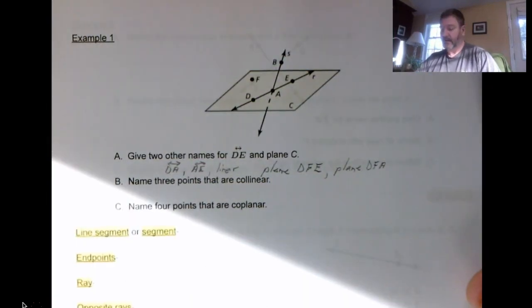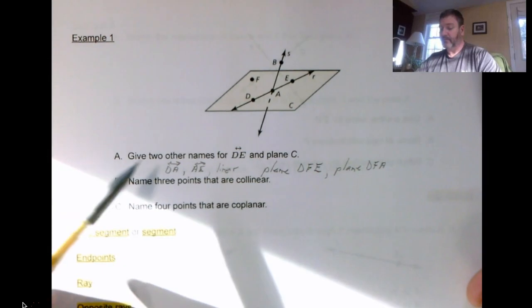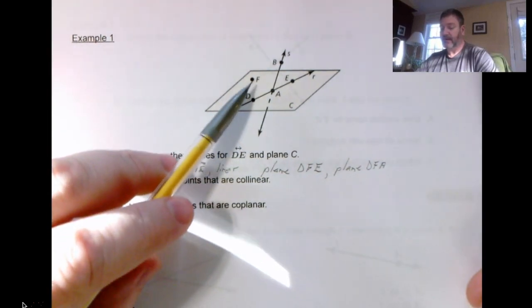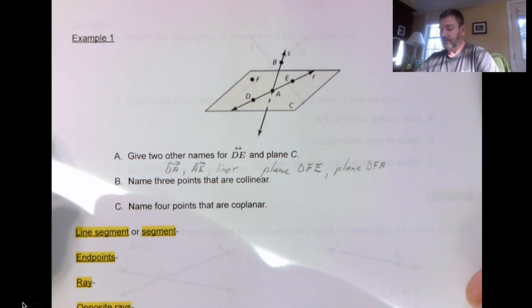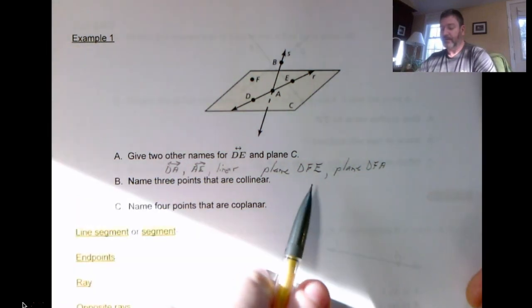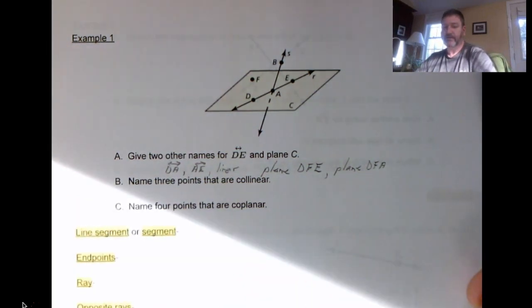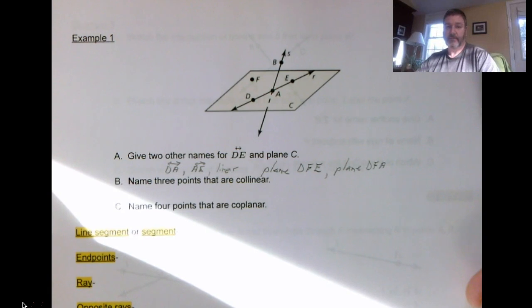And there's a second name for plane C. I could, if I wanted to, name plane C plane DFAE. And the only thing that we need to do when naming the planes is make sure that these points are non-collinear. We want them to be non-collinear. They do not line up.